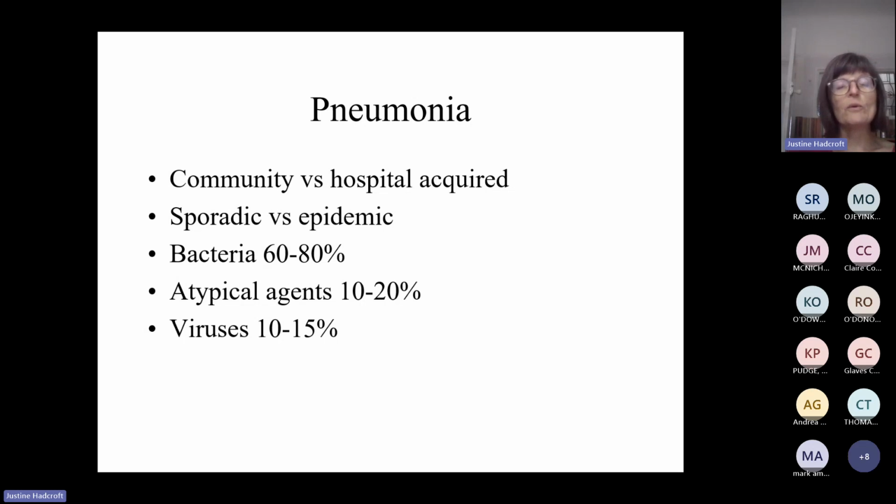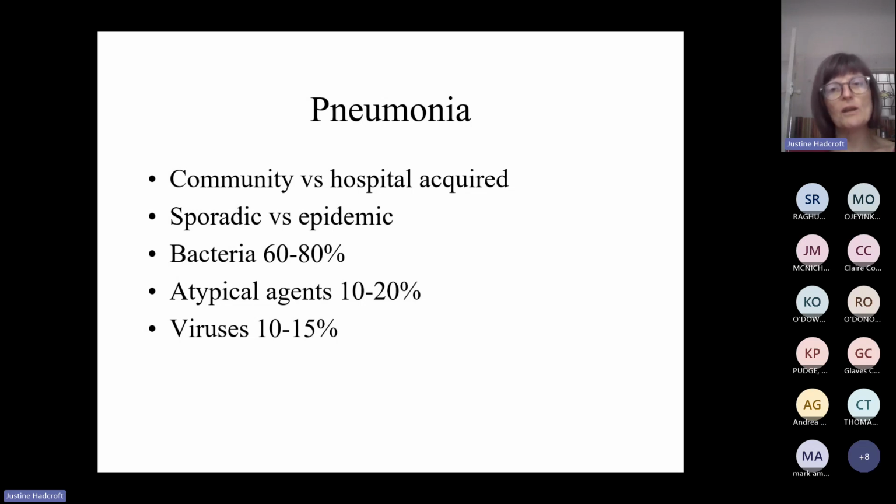So that was an epidemic. In fact, it was global, so it's pandemic, wasn't it? And other epidemics of pneumonia are often flu pneumonia or Legionella. So Legionella is kind of your classical epidemic pneumonia, caused by Legionella pneumophila.